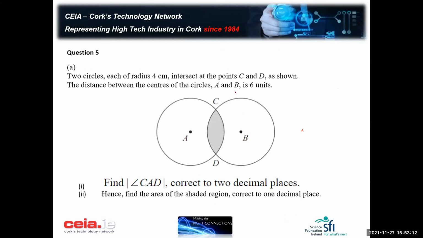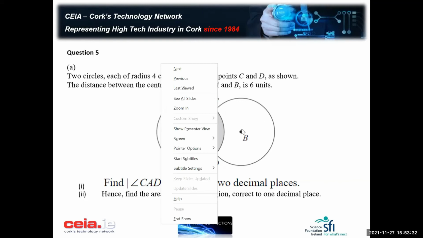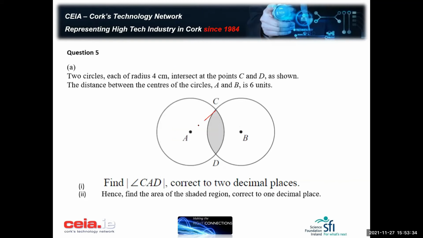Question 5. Two circles, each of radius 4 centimeters, intersect at the points C and D as shown. The distance between the centers of the circles, A and B, is 6 units. So this is trigonometry, and a bit of geometry thrown in as well. Find the measure of angle CAD, correct to 2 decimal places. So what we've been asked to find is that angle there, angle CAD.